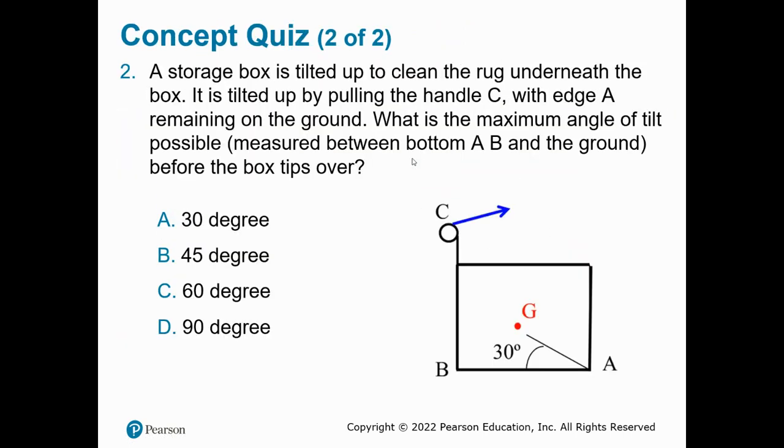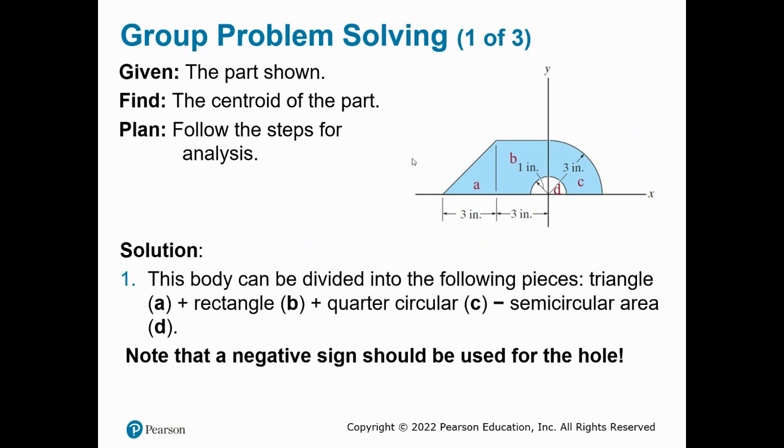I want to talk about this problem right here in 2D first, and then we'll go back to our 3D problem. If I wanted to calculate the centroid of this part, overall it's a sort of complicated shape, but we can divide this geometric shape into shapes that we already know.